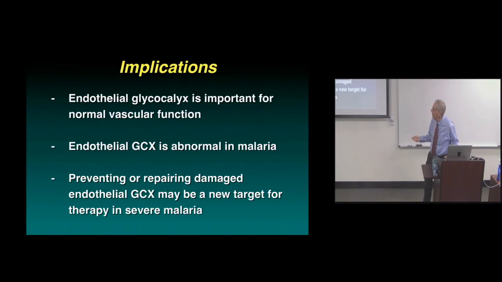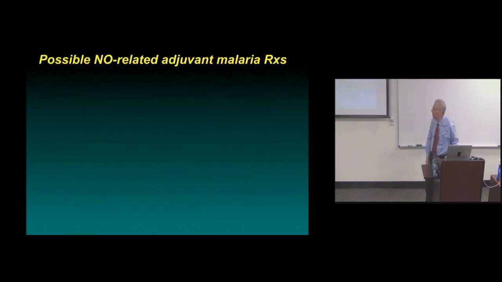So the implication here is that this glycocalyx is probably important for normal function. I think that's not debated at all. And we've shown that the glycocalyx is abnormal in malaria, and either preventing it or repairing the damaged glycocalyx might be a new target for adjunctive treatment in malaria.